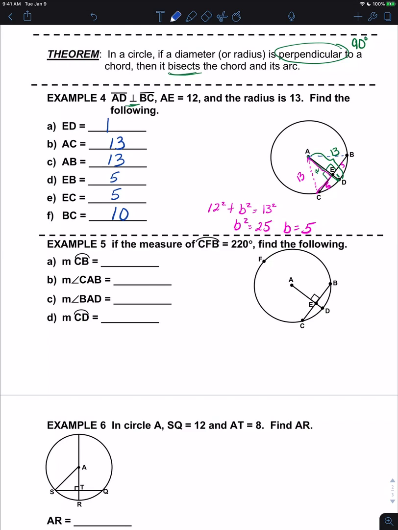Okay, so example 5. If the measure of C going through F to B is 220 degrees, find the following. All right, so we've got 360 is the whole thing minus the 220. So what does that give us? 140.